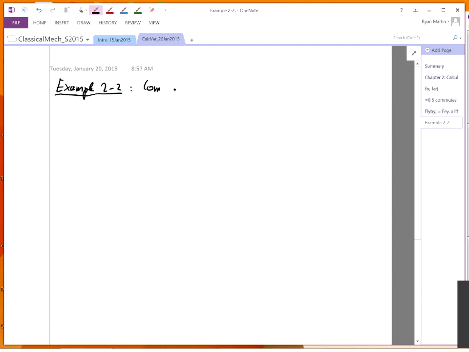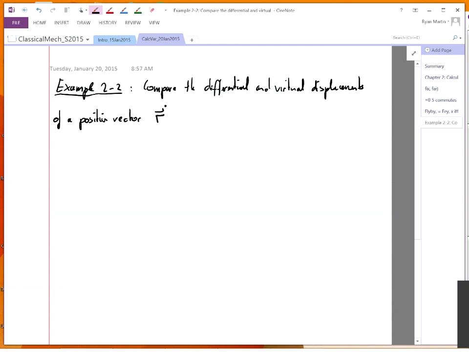Compare the differential and virtual displacement of a position vector, let's say of a particle, and it's described by a position vector r that depends on a set of generalized coordinates q1, q2, all the way to qn. Okay, so we're going to calculate the differential and the virtual displacement of r.